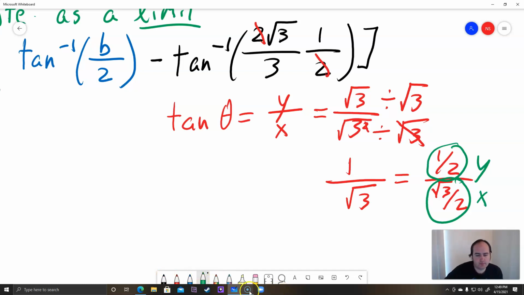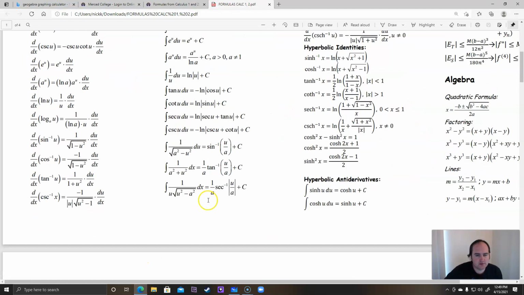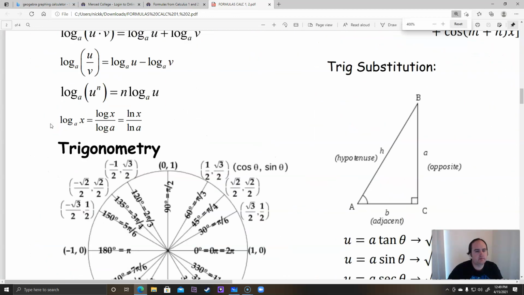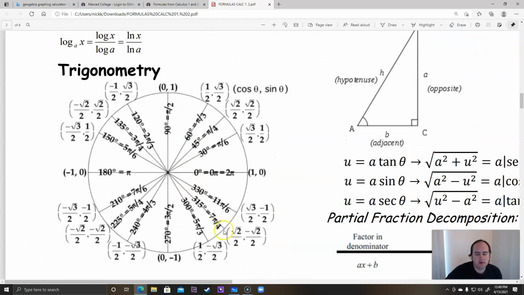Okay, so what do we got here? X is root 3 over 2, y is 1/2. So going to our unit circle, zooming in, x is root 3 over 2, y is 1/2. So we're at pi over 6.